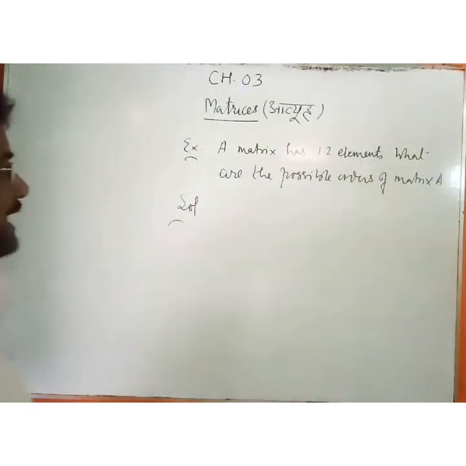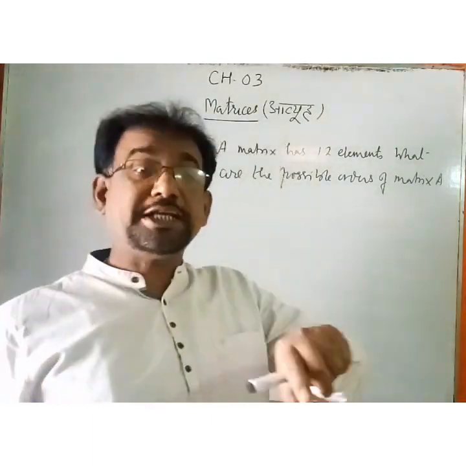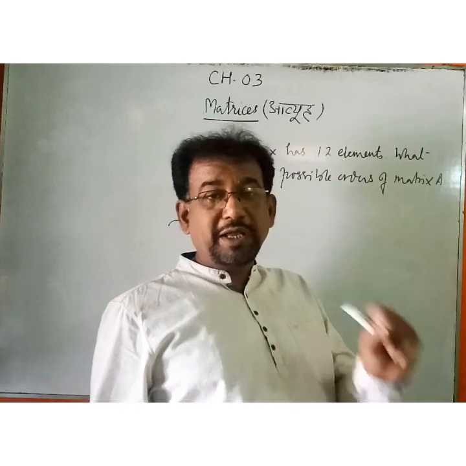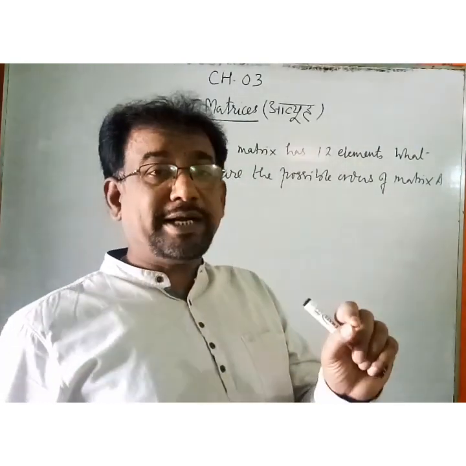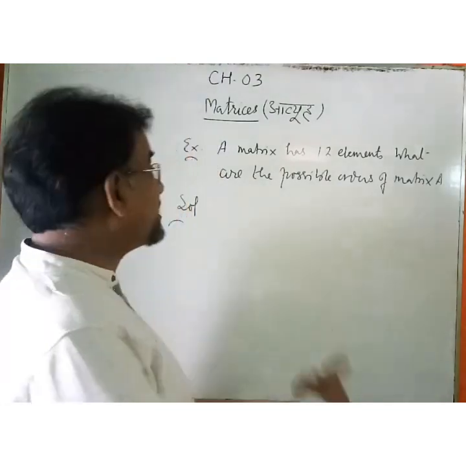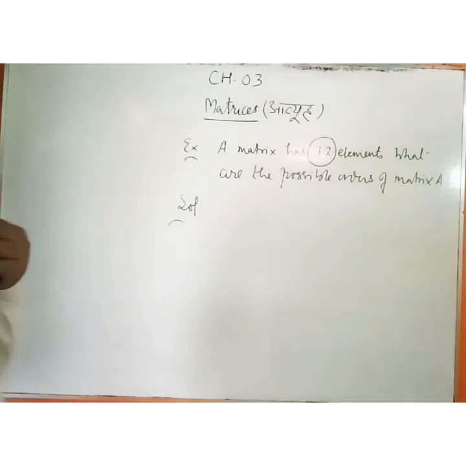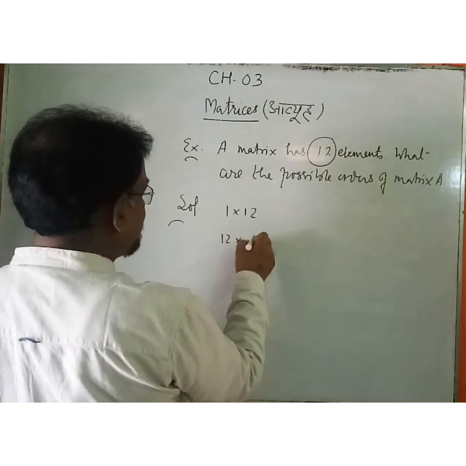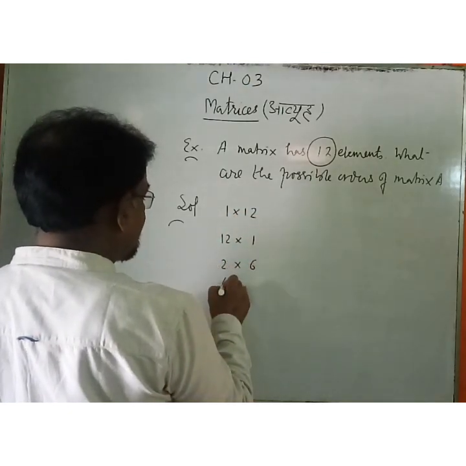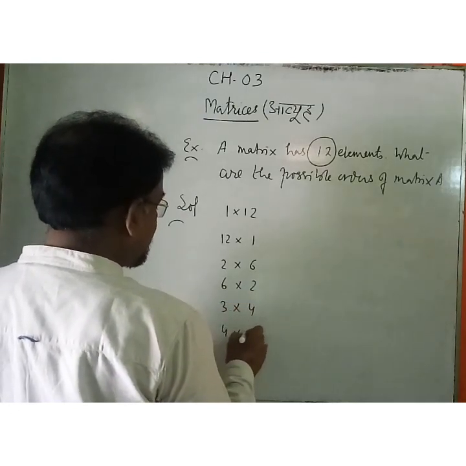Now we have seen that a 2 by 3 matrix has just 6 elements. A 3 by 2 matrix also has 6 elements. An m cross n matrix will have m into n elements. So we want to know how many options there may be where we get 12. So 1 into 12, 12 into 1, 2 into 6, 6 into 2, 3 into 4, 4 into 3.